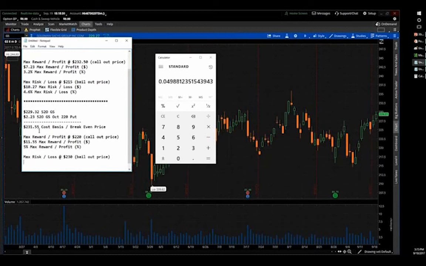Looks like my cost basis is at $231.55. So my cost basis is lower than my bailout price. I could probably put my bailout price higher, or I can create a risk-free trade. This is no longer max risk. This is min reward.